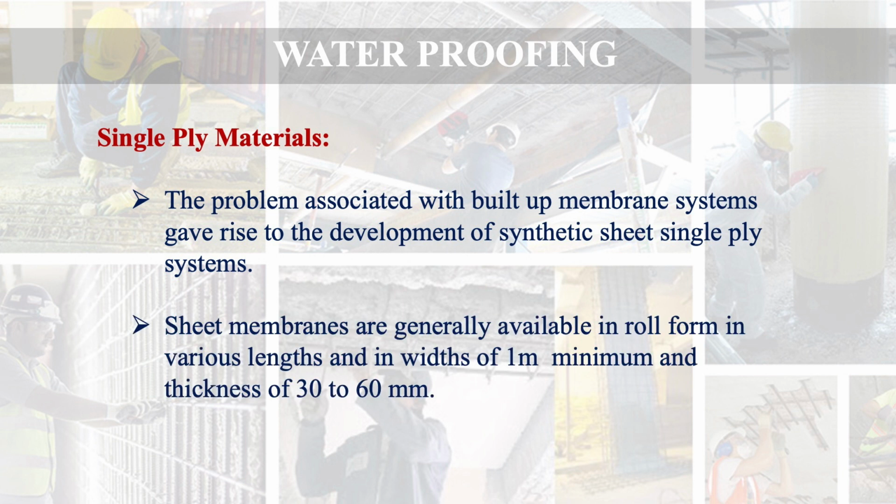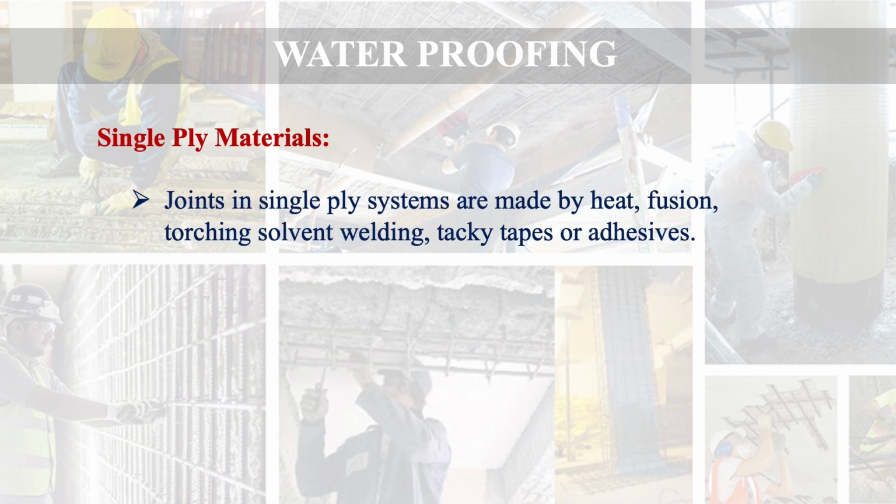Sheet membranes are generally available in roll form in various lengths and in widths of 1 meter minimum and thickness of about 30 to 60 mm. Joints in single ply systems are made by heat fusion, torching, solvent welding, tacky tapes or adhesives. These are the methods available for jointing.